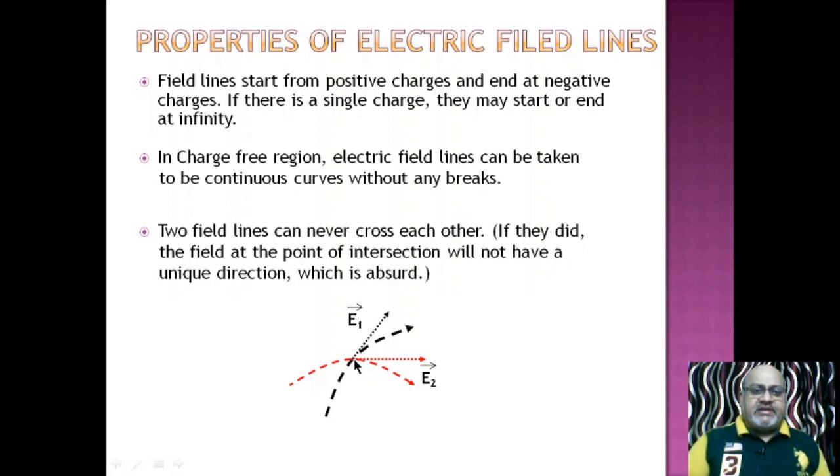Now what is the result? We see there are two electric fields at the same point. This is not possible, that at one point two net fields are there. Only one field can be there. So this result does not support our hypothesis that they may intersect. So let us correct this hypothesis. What is correct is the statement that they never intersect each other.